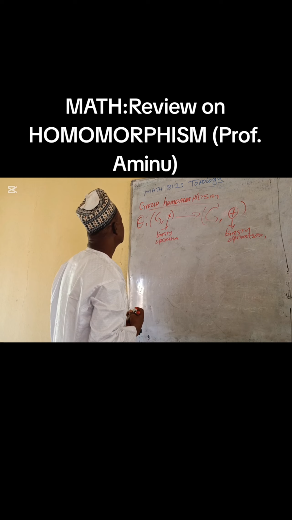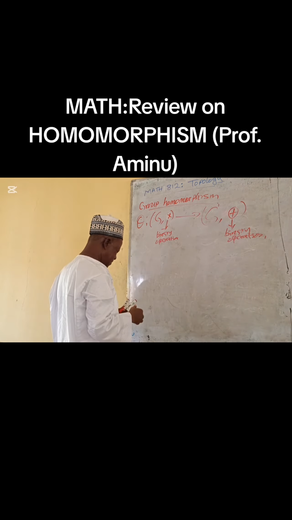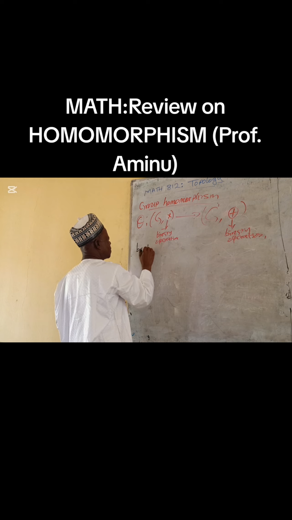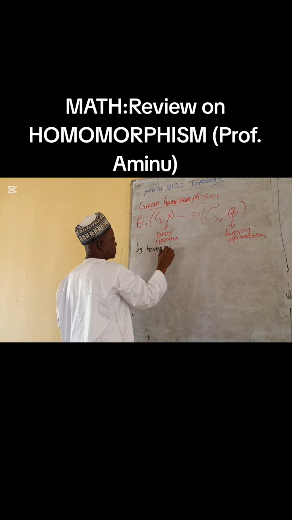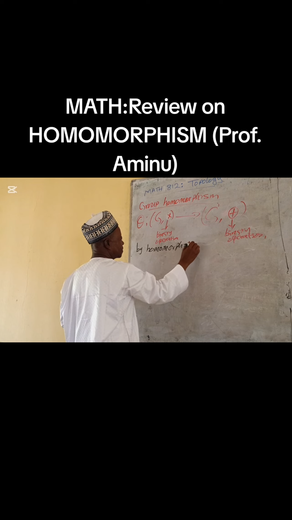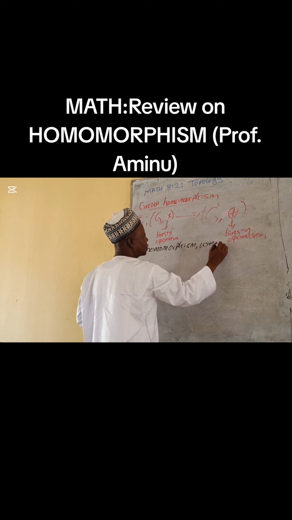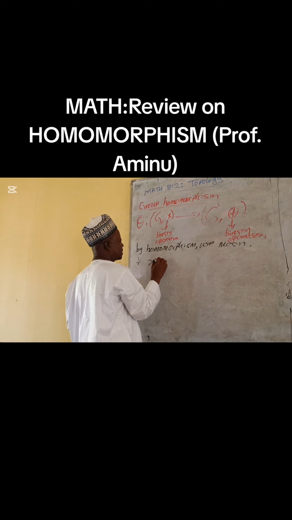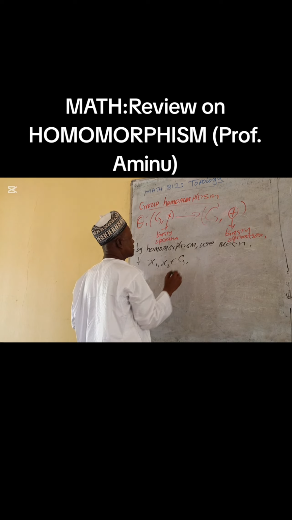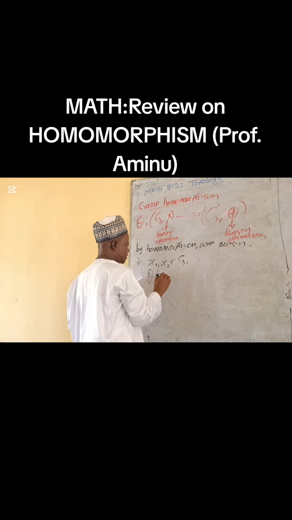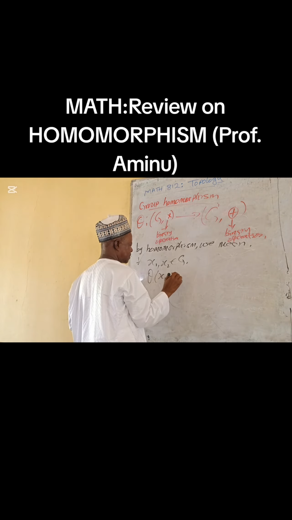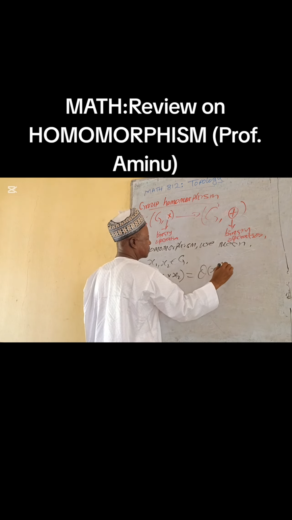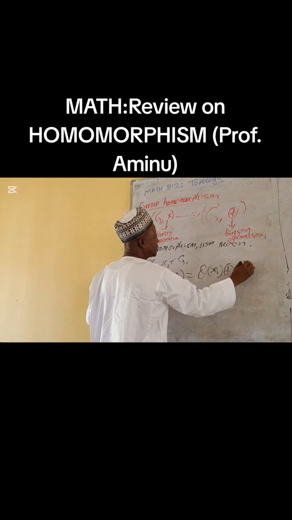Okay, then by homomorphism, what we mean is that, if x1, x2 are in G, theta of x1 times x2 will be equal to theta of x1 times theta of x2.